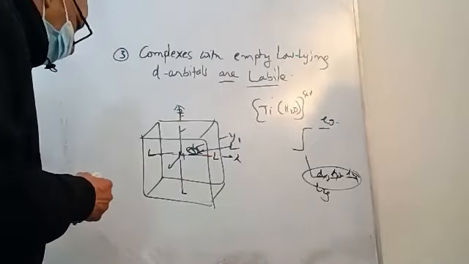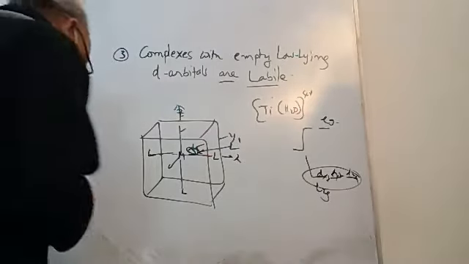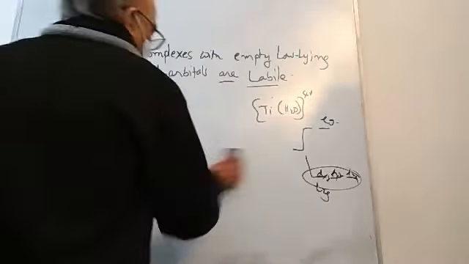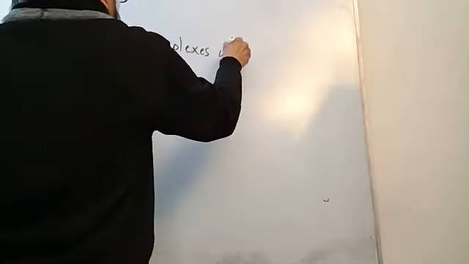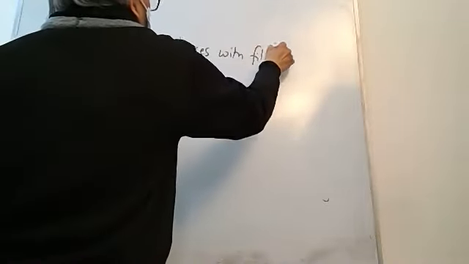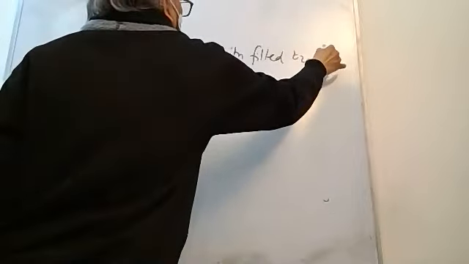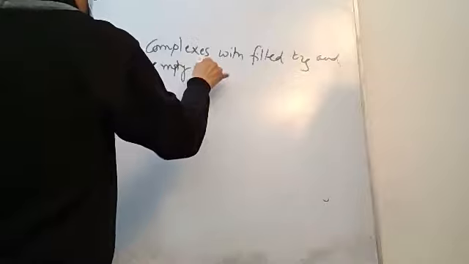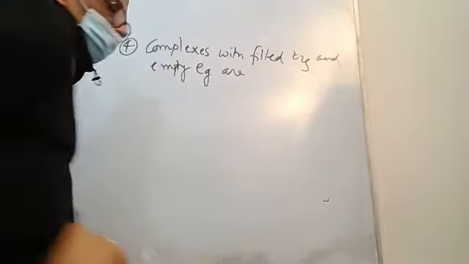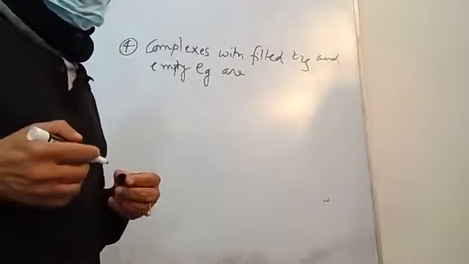So let's now look at the last rule. Rule number 4: complexes with filled t2g and empty eg, or what do you think your guess would be?